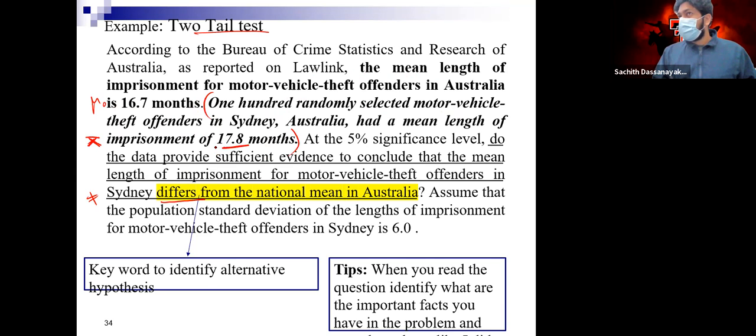This is your alpha. Once you read the question, try to figure out what those values are. Actually, you don't need to read the entire question, just skim it and find the key items. Because of this keyword, it is less than or equal.